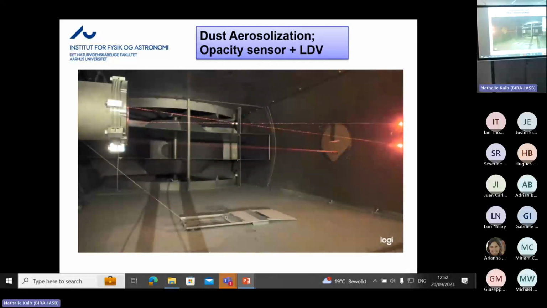So this opacity sensor measures the average over the whole wind tunnel, basically. So it's good for that. Whereas the laser Doppler velocimeter only measures in this tiny spot where they cross. So about a cubic millimeter there is the detector volume, and any particle going in there, we detect it, even if it's submicron. Yeah, and I'm blowing dust in, otherwise you wouldn't see the beams.